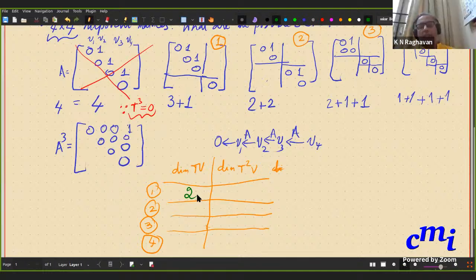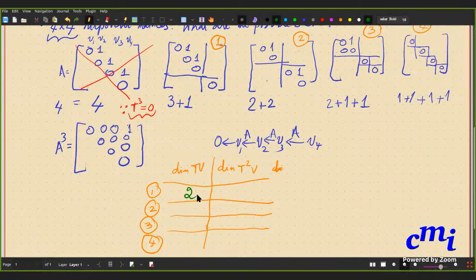When I square this matrix, what happens? You don't have to think of squaring the matrix. You think of what is happening to the vectors. What happens to V1 when I apply T squared? Zero.